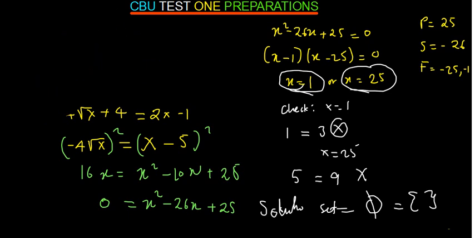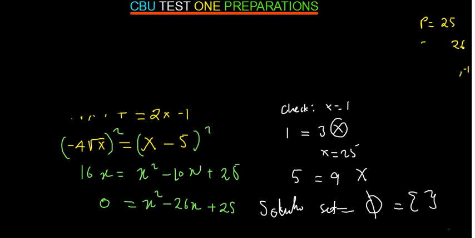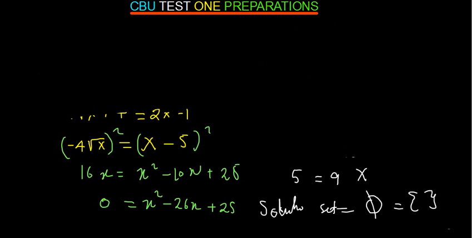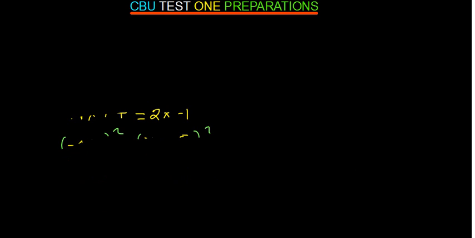Since we are doing all the topics from sets to functions, I'm going to be picking random questions just from past papers. Okay, so the next one which I'm able to find. Let me not use this radical again.